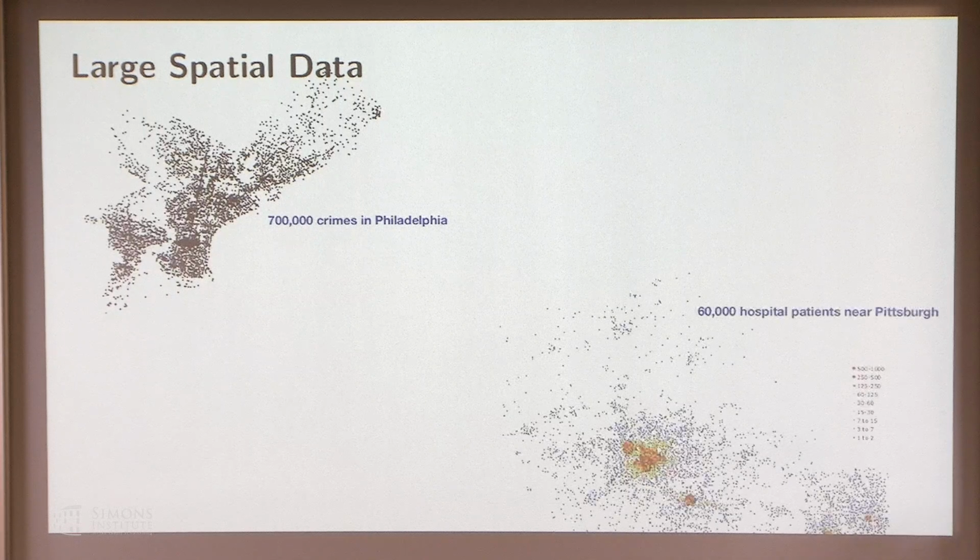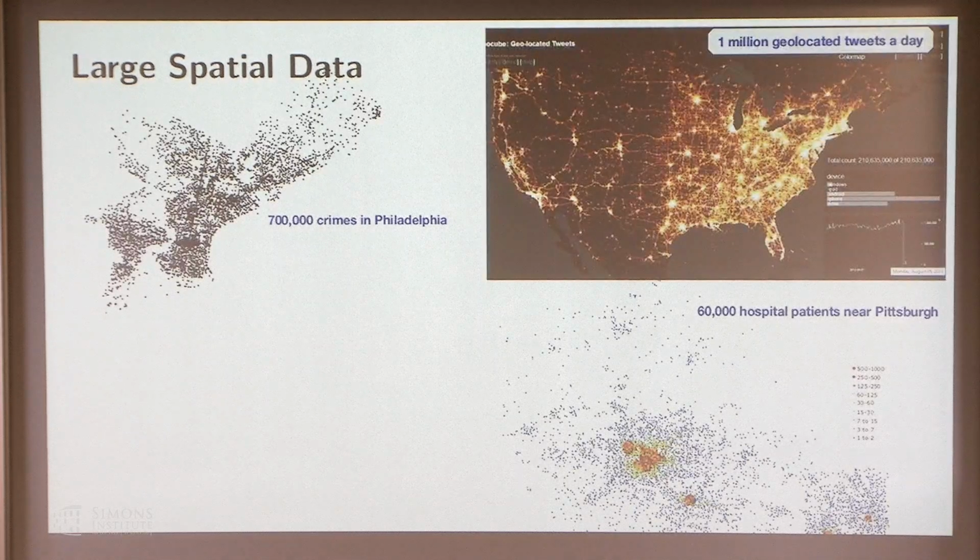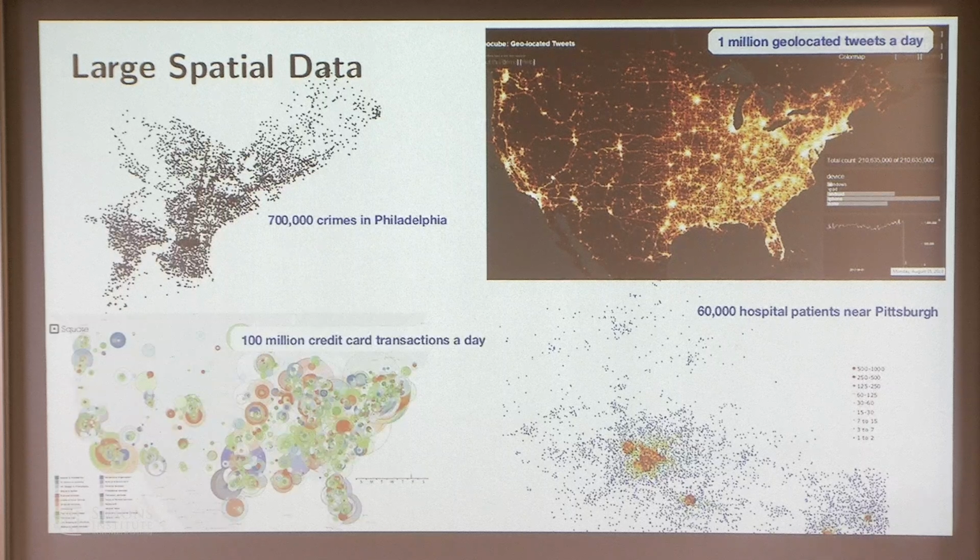These are 60,000 hospital patients near Pittsburgh. There are 1 million geolocated tweets a day. I'm working with some people who are capturing these. This is a really massive data set. There are 100 million credit card transactions a day, and these are geolocated. So understanding the spatial properties of these is sometimes an important issue.